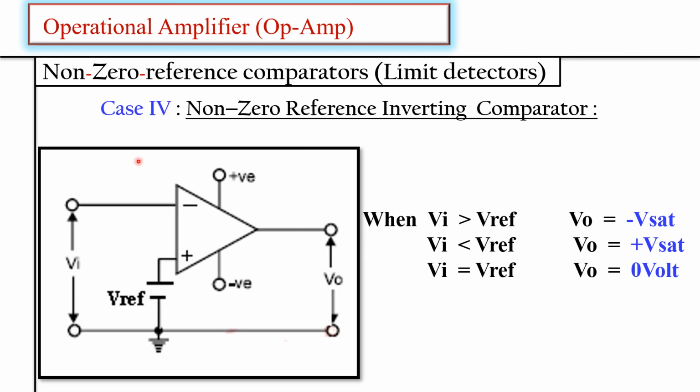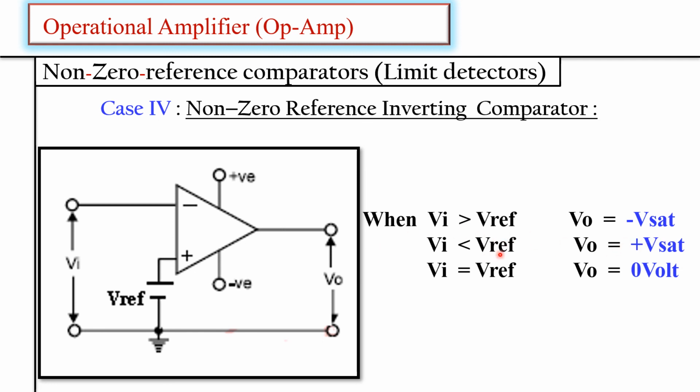Similarly, the inverting non-zero reference comparator can be constructed by applying the reference voltage to the non-inverting input terminal and the input voltage to the inverting input terminal. When Vi is greater than Vreference, then Vout is equal to minus Vsat.